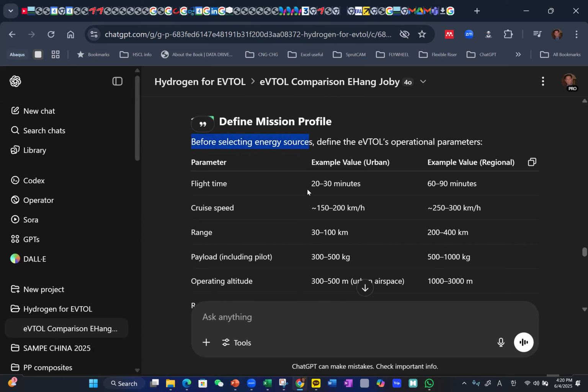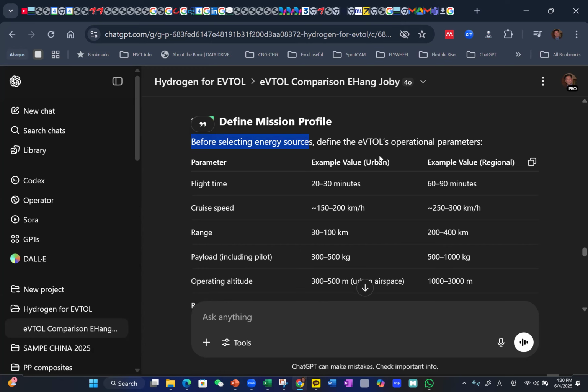Before selecting an energy source, we need to define the eVTOL's operational parameters. Let's say you are the designer of the power system for an eVTOL at Hyundai or any other company like Joby or EHang.